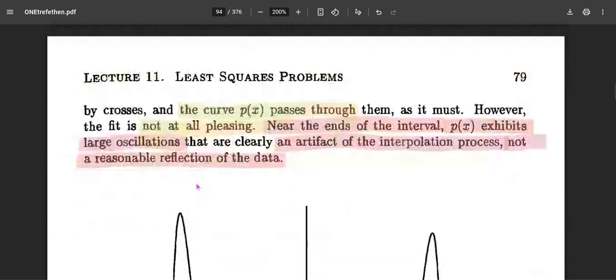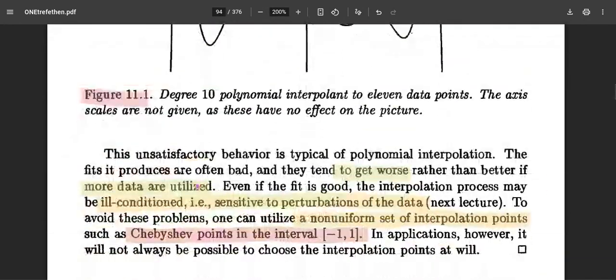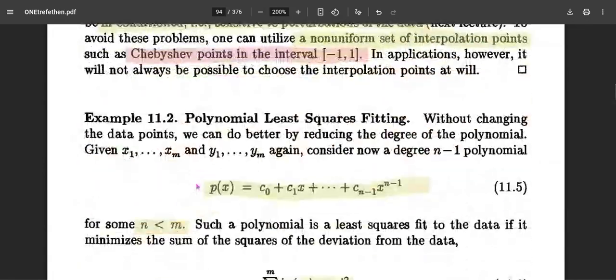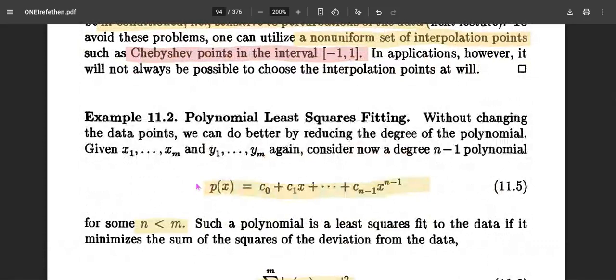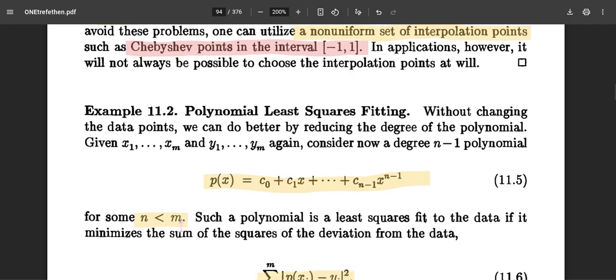So usually for data fitting or interpolating, we prefer a polynomial whose order is much less than the number of data points. For example, n would be much less than the m data points, where m is equal to the number of equations in the Vandermonde system.